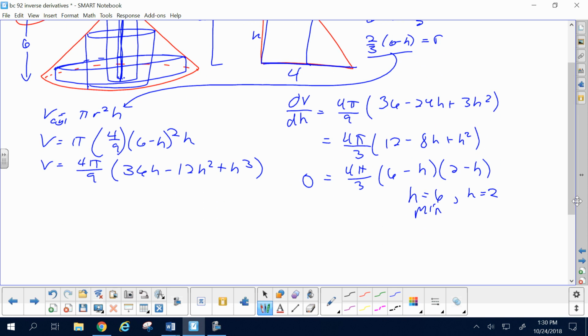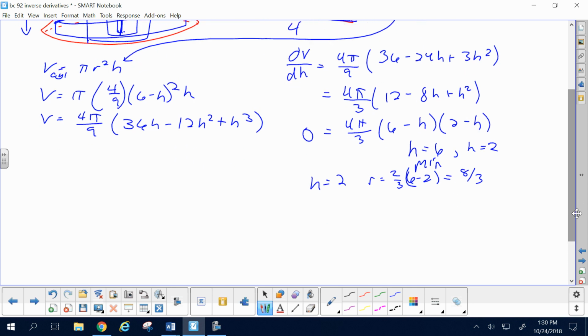I could side test and show it's a max, but take my word for it, height is 2. If height is 2, the radius is 2/3 of 6 minus 2, or 8/3. The volume of the maximal cylinder is pi r squared h, or pi times 8/3 squared times 2, or 128 pi over 9.